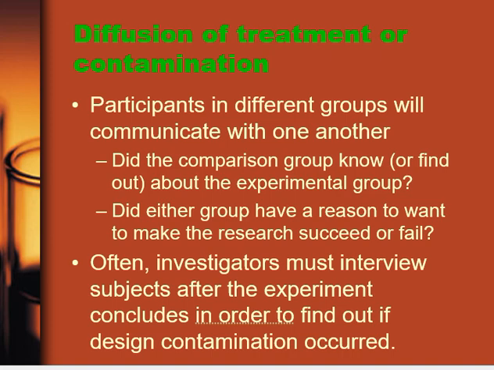So if the comparison group found out about the experimental group, for example, in a drug study, if you find out that you're actually in the placebo group, that's going to totally impact and influence all of the dependent variables, the outcome variables. And also, it could be that there is someone who wants to make the research succeed or fail. This can impact the results if they're being biased.